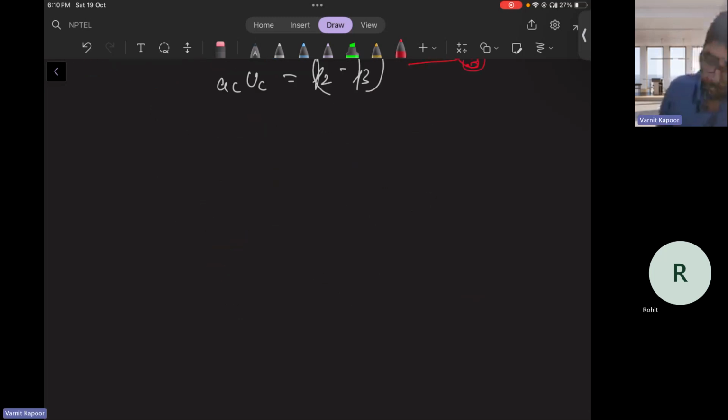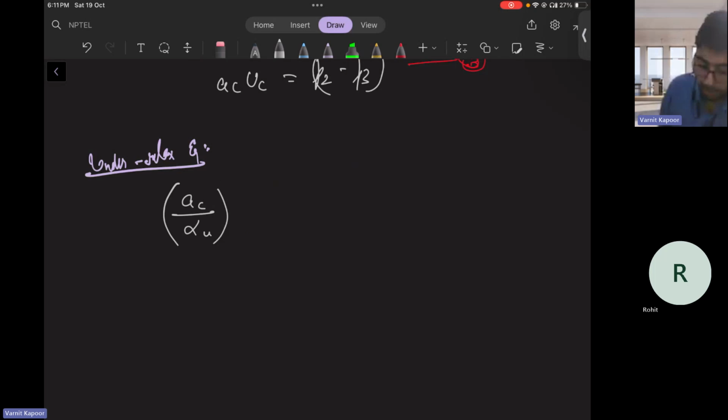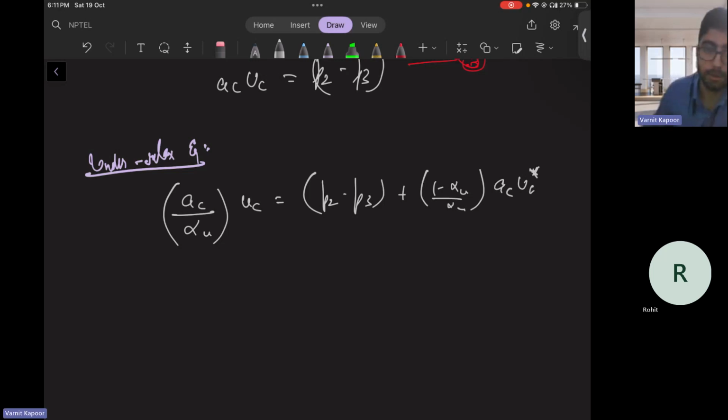And you under-relax this equation. The under-relaxed equation will be AC upon alpha, the under-relaxation factor, UC is equal to P2 minus P3 plus 1 minus alpha U by alpha U, AC UC star. So the equation will be given like AC UC is equal to P2 minus P3 plus PC.